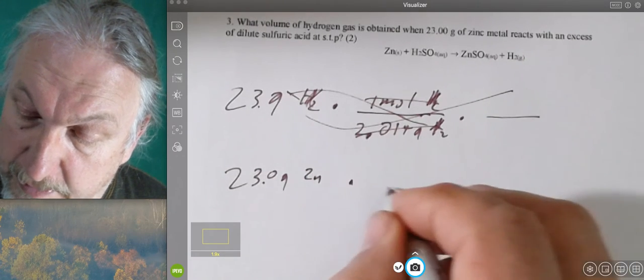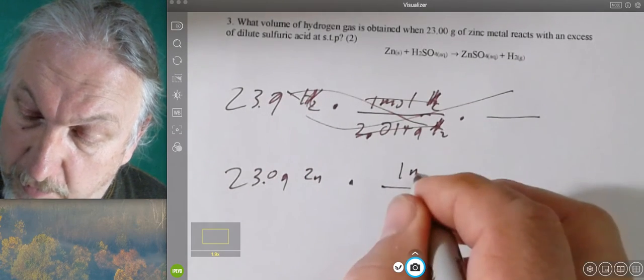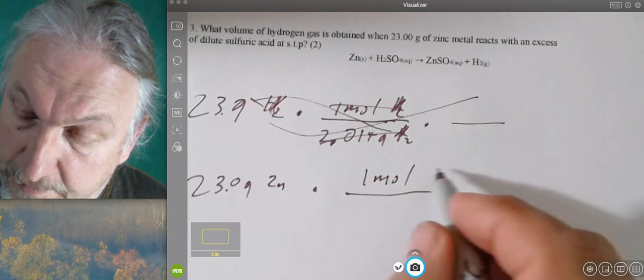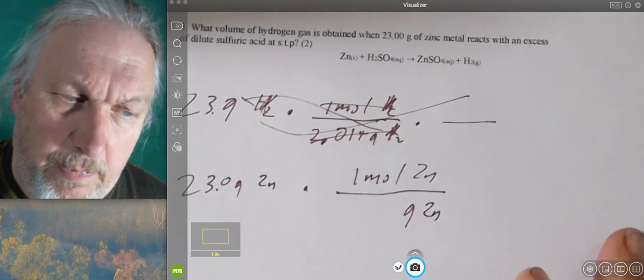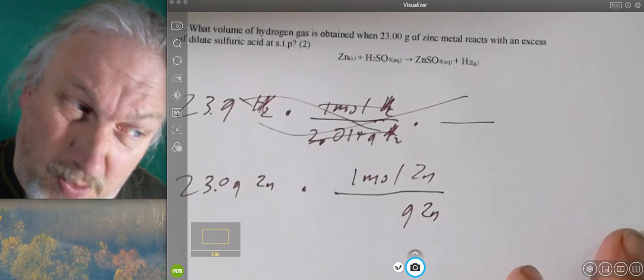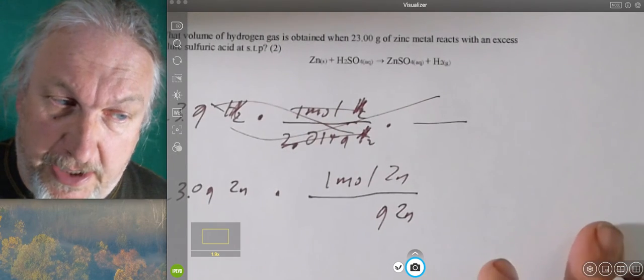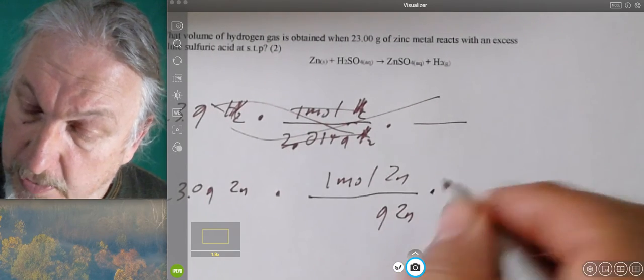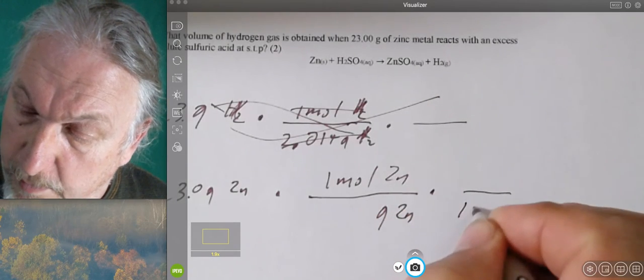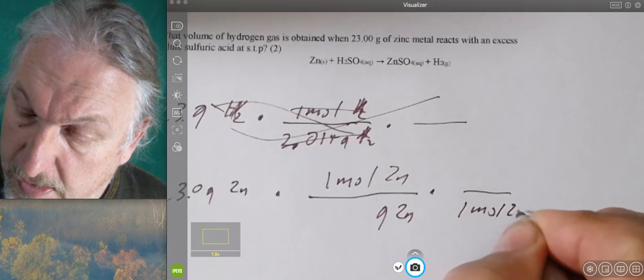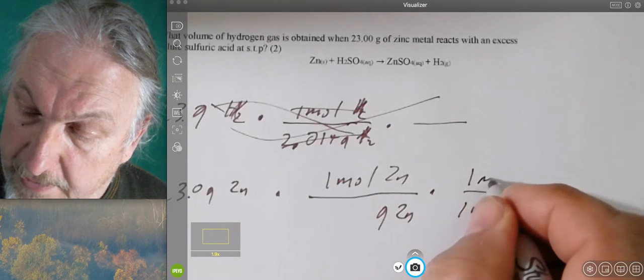All right, so I'm going to have to look that up. For 1 mole of zinc, I have how many grams of zinc? But I'm going to go ahead and set the problem up like we normally do in dimensional analysis, and we'll come back to it. Looking at the magic reaction, for every 1 mole of zinc, I have 1 mole of hydrogen gas.